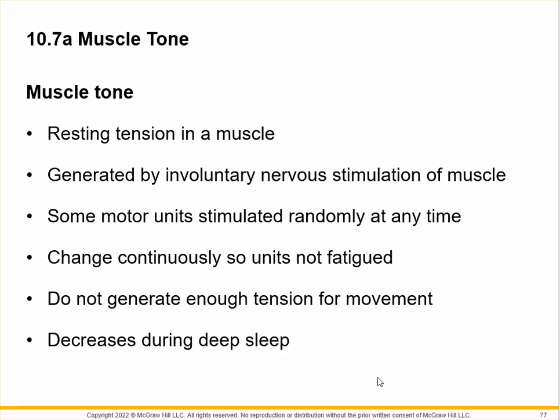And it's always different motor units, so there's no fatigue involved. No movement happens here. It's just muscle tone, as opposed to complete flaccid muscle. And if you've ever seen a neurological impairment that leads to flaccid paralysis, you would definitely understand what tone is.